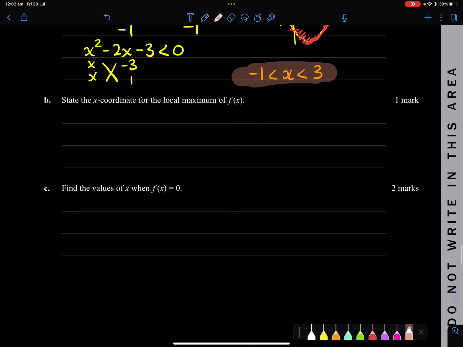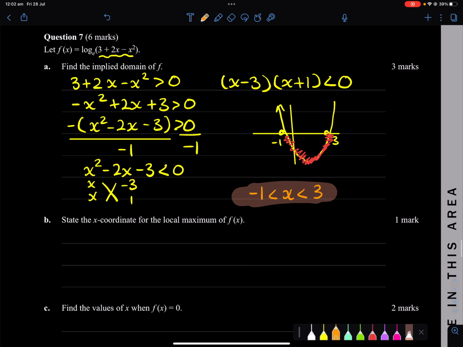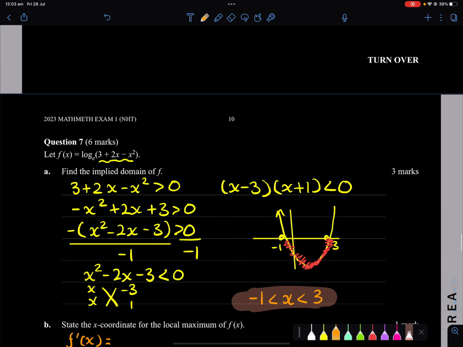State the x-coordinate for the local maximum. Local maximum. How do I do that? Okay, so normally to find the local maximum, we would do f dash of x. So let's do f dash of x, which is what?